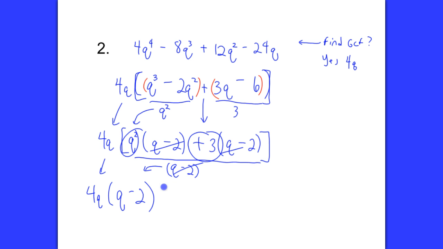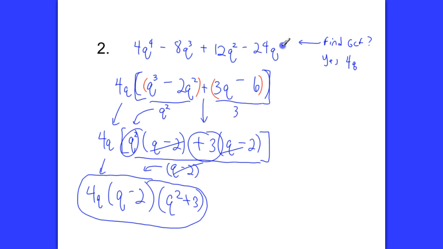So that is the other factor, q squared plus 3. There it is. Voila. So always look for a common factor first. Then if you have 4 terms, get the binomial factors, look for common factors there, factor it out, and then take that polynomial right there, divide out that common factor of q minus 2, and you have it.